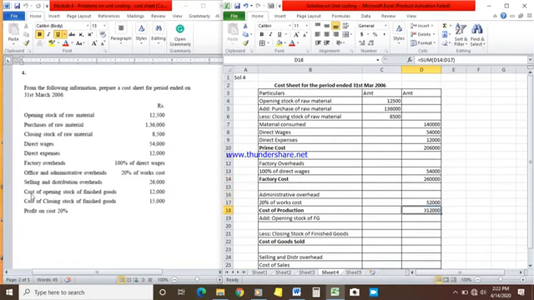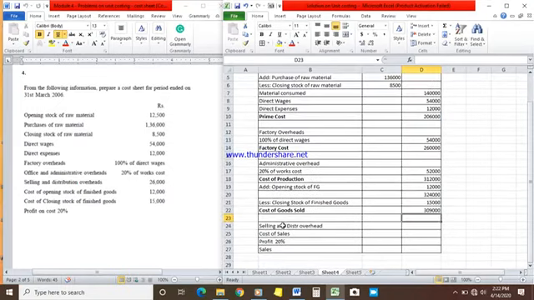Now to the cost of production, we are supposed to add the opening stock of finished goods, that is 12,000, and then take the total, 3,24,000. From this we deduct the closing stock of finished goods, 15,000. The difference between 3,24,000 and 15,000 gives what is known as the cost of goods sold.